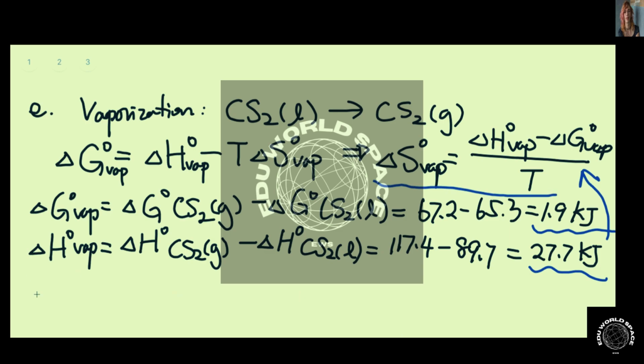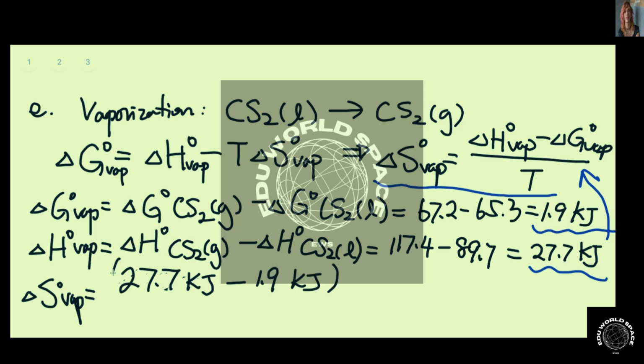So delta S of the vaporization process is equal to, it's the H minus the G, so we have 27.7 kilojoules minus 1.9 kilojoules, divided by the temperature, which is 298 Kelvin.